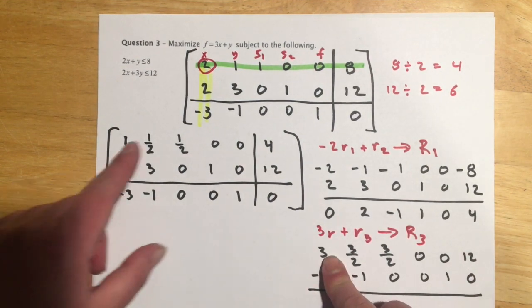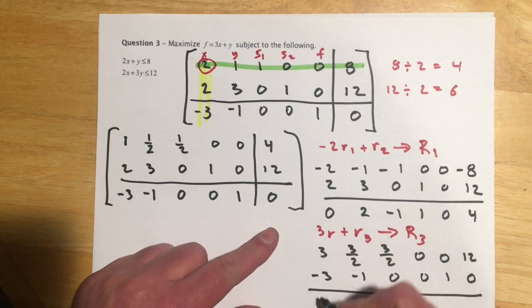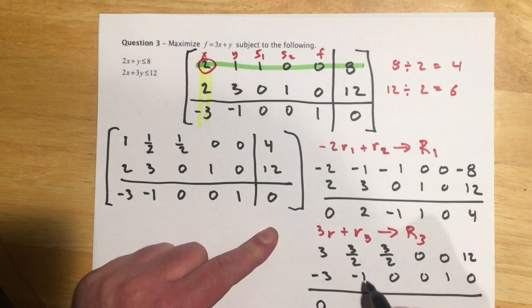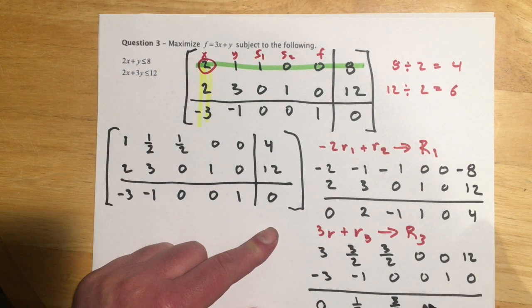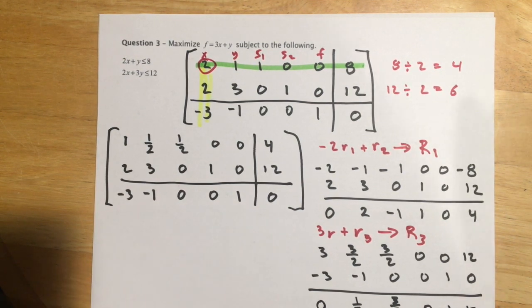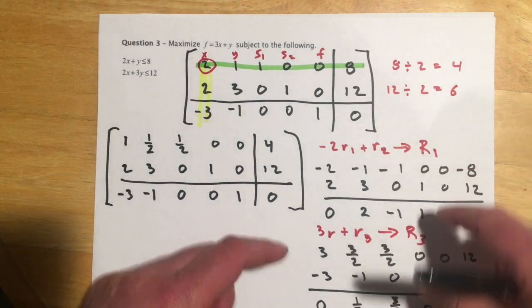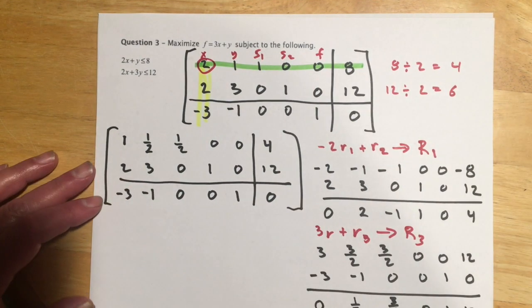So I just did 3 times this row, and then we're adding this row. So it's going to give me a 0. -1 plus 3/2 will leave 1/2. This will be 3/2. 0, 1, and 12. And so now I'll just rewrite again the matrix with this stuff put in.